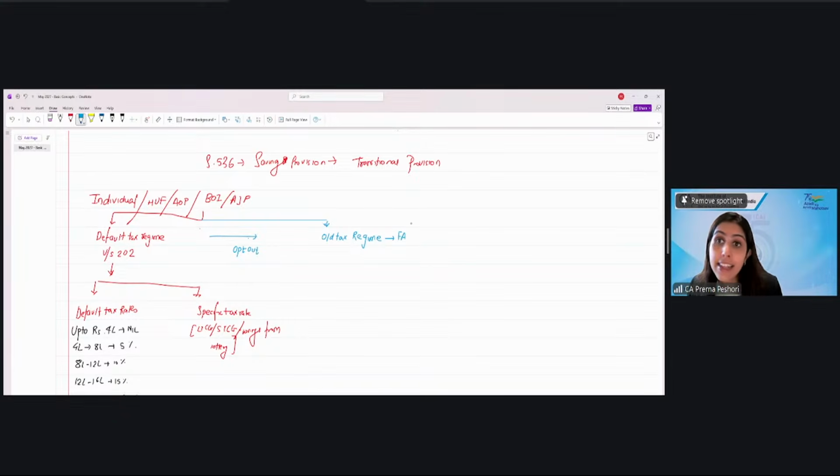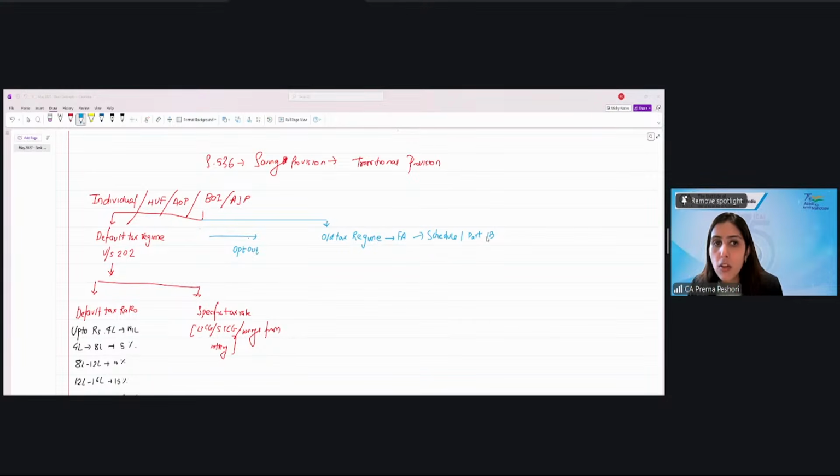And if you recollect, in the last lecture, I told you, in the Finance Act, where do you find it? Schedule 1, Part 1B. There you will find these tax regimes. Now, the old tax regimes are dependent on the age of the person also.